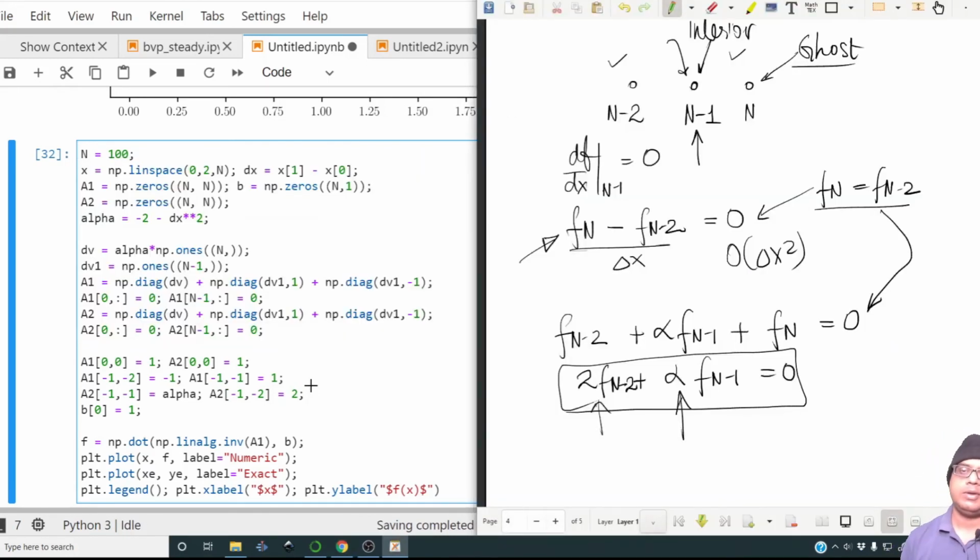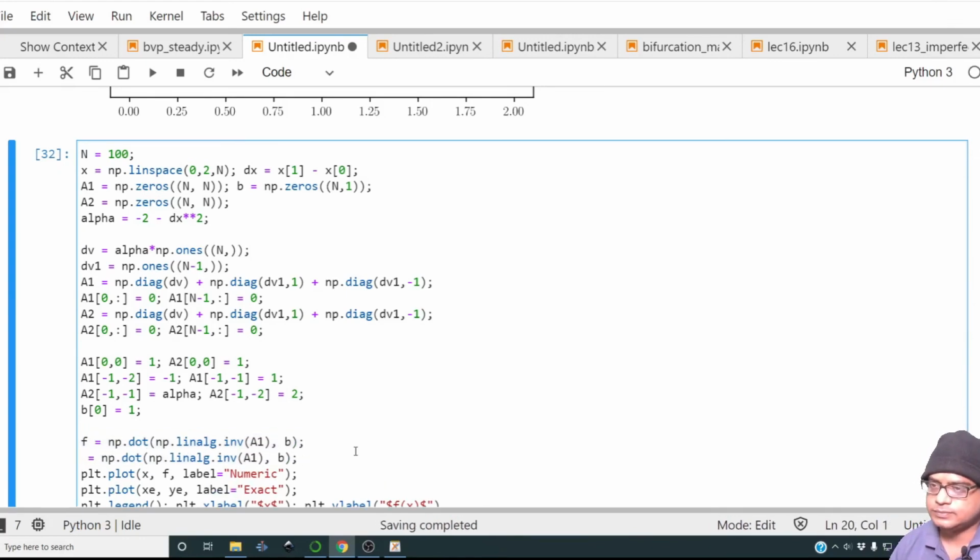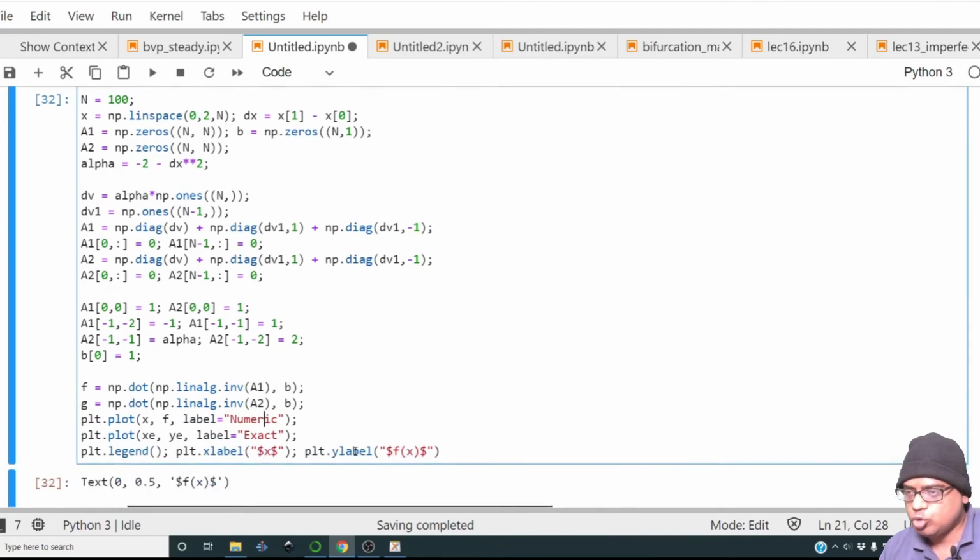Okay, yeah, that's pretty much it. Now let me make another solution. Let me call it G. This will be the inverse of A2, and we expect the solution from A2 to be more accurate than A1.